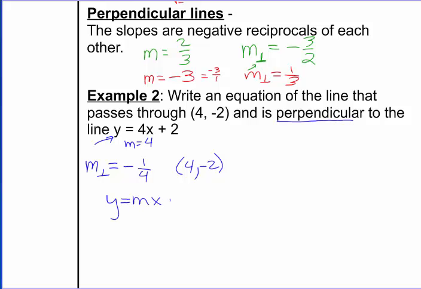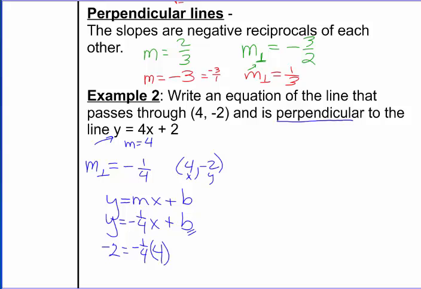So y equals mx plus b. Plug in my slope. y equals -1/4 x plus b. Now all I need to do is find the b part. To do that, we're going to use the point that's given. This is an x and y value, so you plug the y into the y spot. That's our -2 equals -1/4. Plug the x into the x spot.